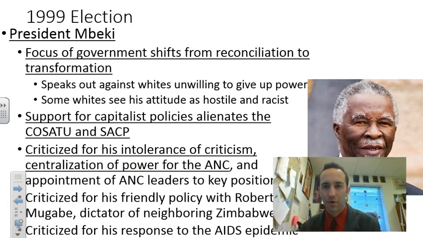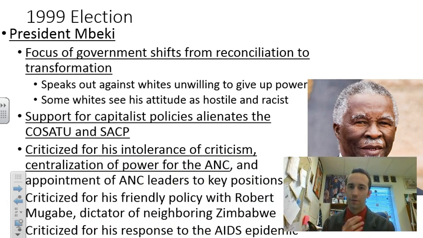His government focuses on moving from reconciliation, from kind of forgiveness, to change. He wants transformation. He's not afraid to speak out in support of more black rights and less white rights necessarily. He speaks out against whites unwilling to give up power in this transition. And some whites see this attitude as hostile and racist against whites.